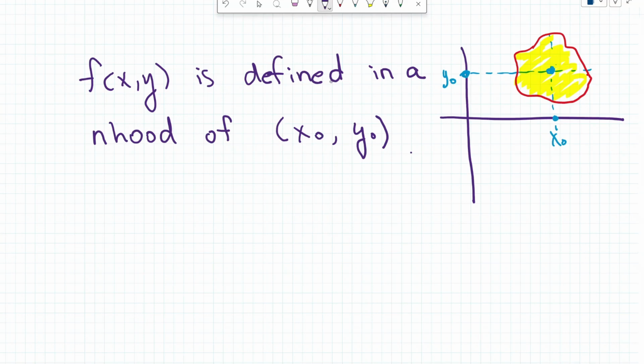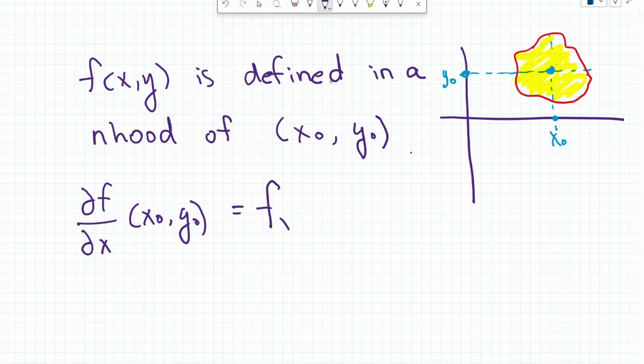Partial derivatives in Leibniz notation are written as df over dx of x0 and y0, and that equals f sub x of x0, y0.